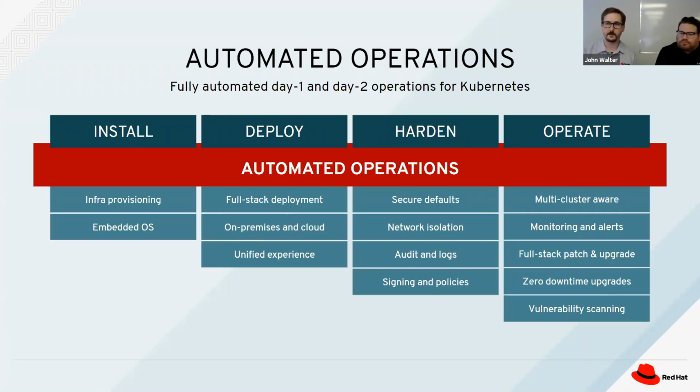And so, we look at things like installation, installing either into RHEL or into CoreOS, or maybe on top of AWS or Azure, something like that. Moving into deployment, that's everything from your storage and networking to your private registry to all of your service management. Obviously, hardening is going to be a huge emphasis of ours.